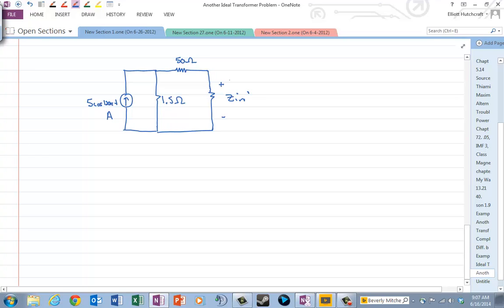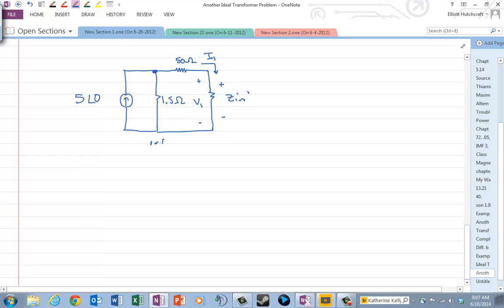Notice we called in our drawing this V1. That's I1 going into the dot, where the dot was. Well, now everything is nice and simple. This was 5 angle 0.